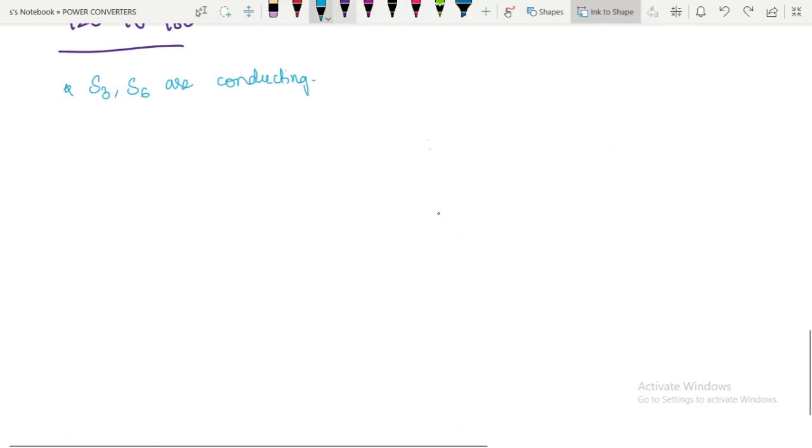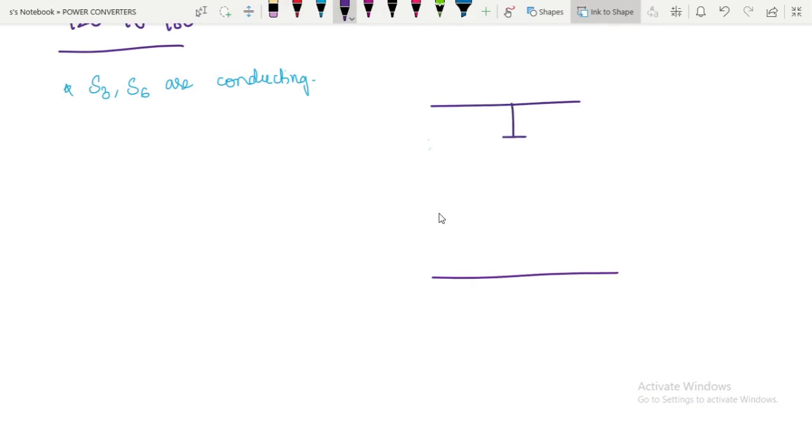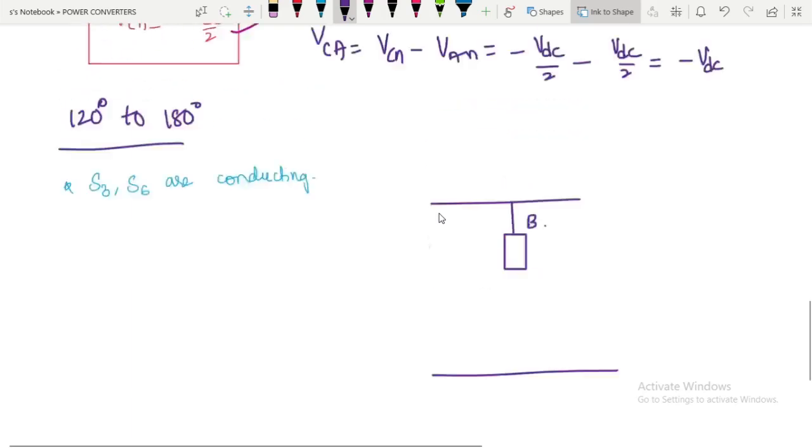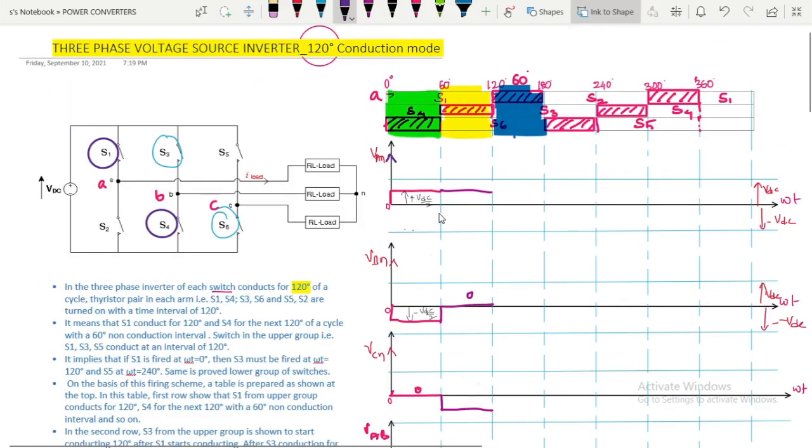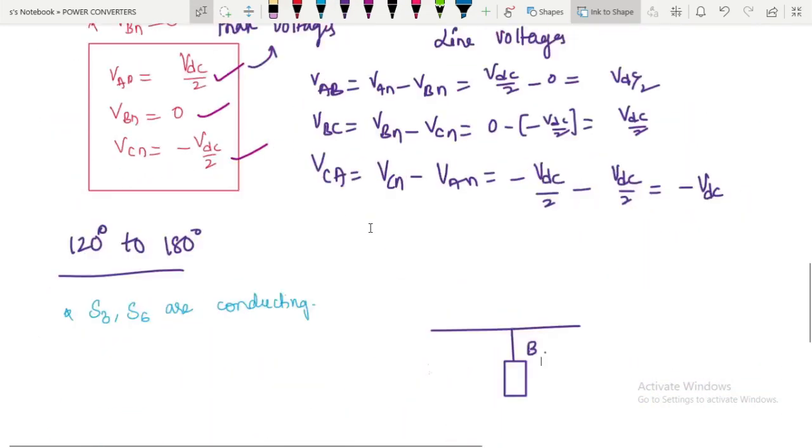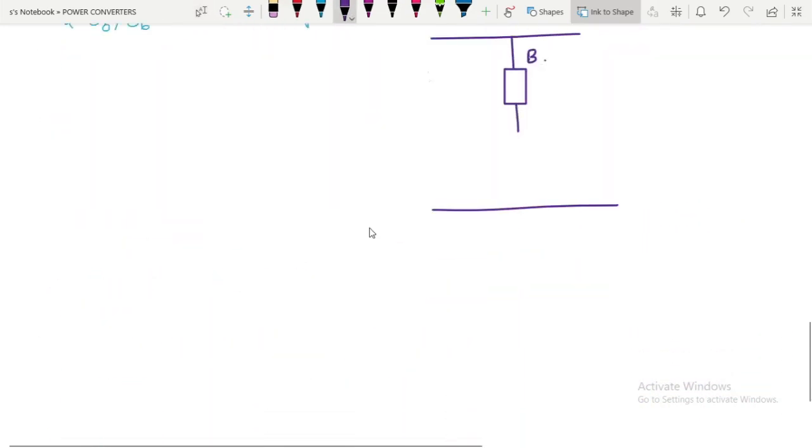So here S3 is contributing for B phase, and S6 is contributing for C phase. Okay, so S6, neutral point, this is C phase, plus and minus VDC.